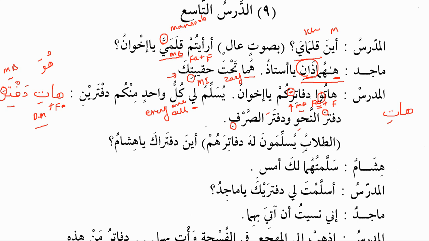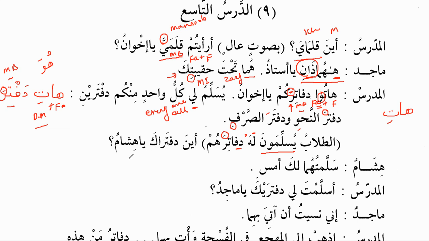Now, tullabu yusallimun. Now, this is plural. All the students gave for him, lahu. This fatha should be on the lam, not on the ha. Lahu. The dafatir is the jama taksir, but it is in mansoob case. Dafatirahum, their notebooks.